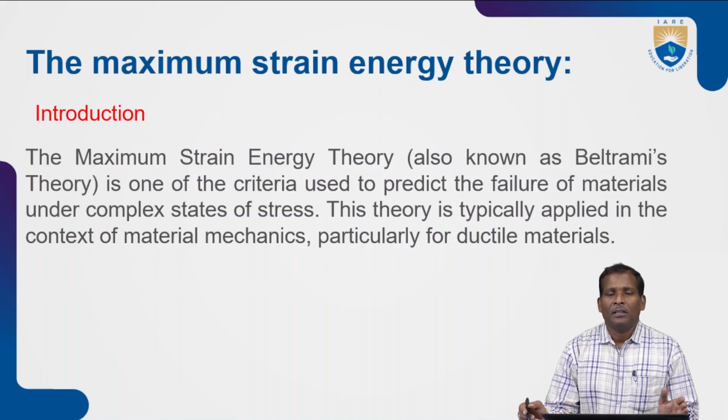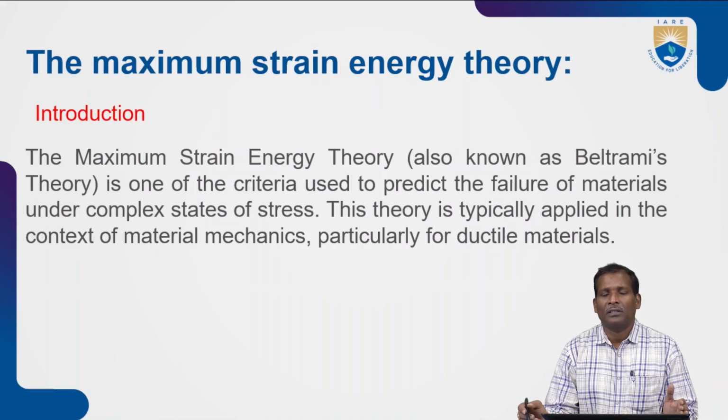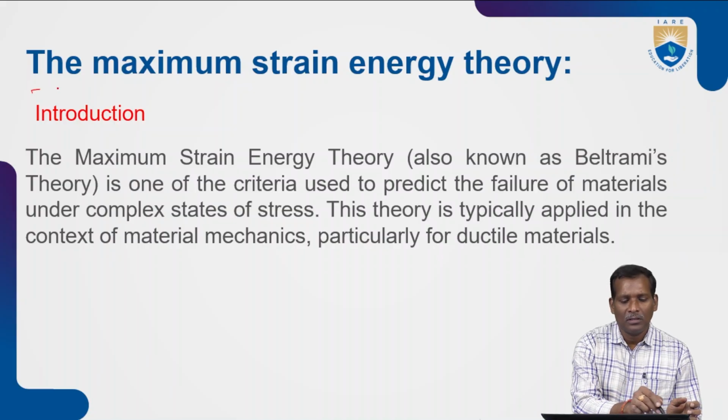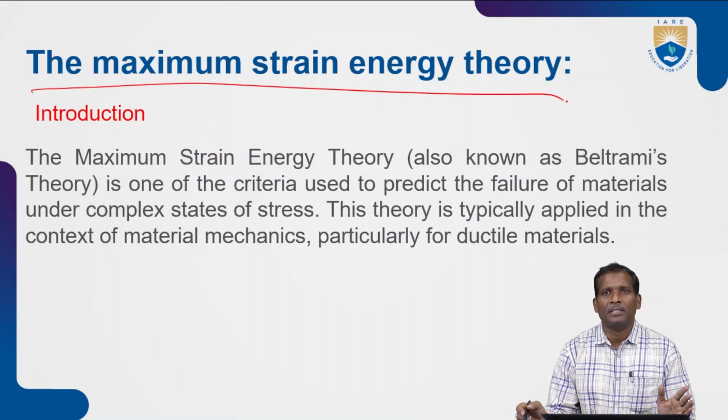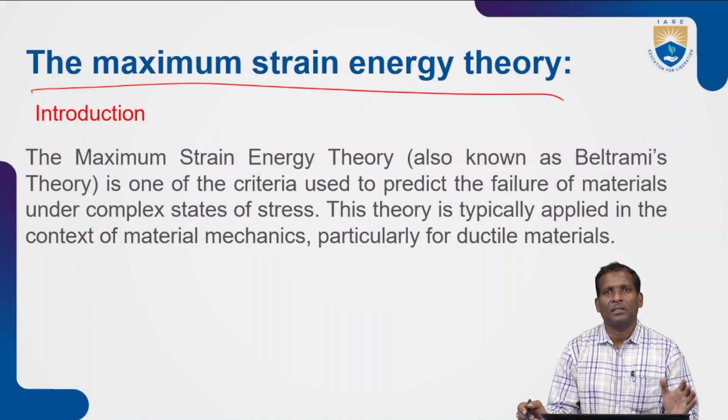We have already seen the theories in the previous session. Now the fourth one is the maximum strain energy theory. What is this strain energy? Maximum principal stress, maximum principal strain and maximum shear stress we have already seen.